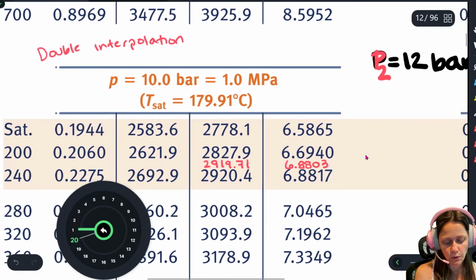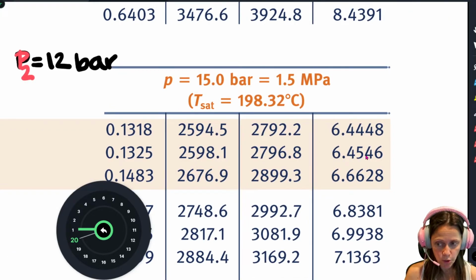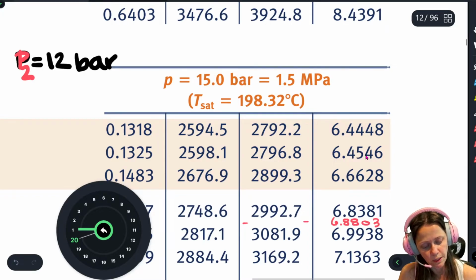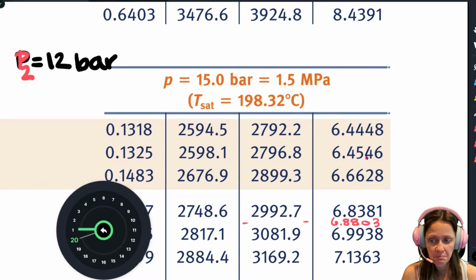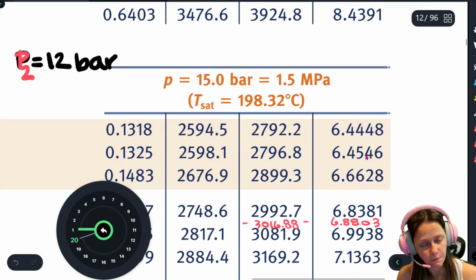Now let's go over to 15 bar and fill in the gaps here. So our entropy at state 2, 6.8803, and our corresponding enthalpy is going to be between those two guys. And I've got 3016.88. Okay.